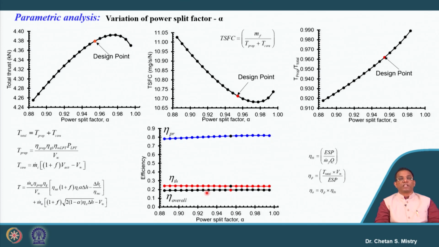Suppose here my turbine entry temperature is 1212 Kelvin. If I move with the temperature at 1400 Kelvin, the trend will be different. In the same way, the pressure ratio also varies. So there are ample opportunities, and ample plots are possible.